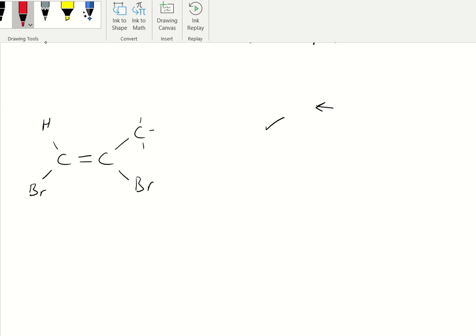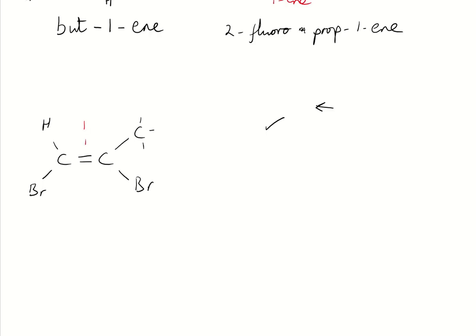Right, so with this, down the double bond, what we can see is on the left side, we've got H and a Br sticking off the carbon.